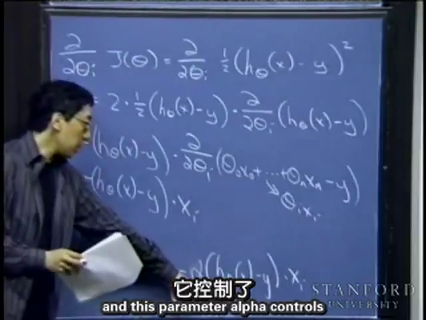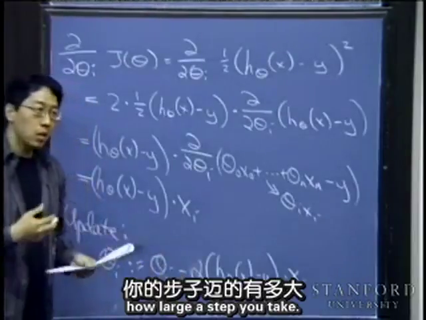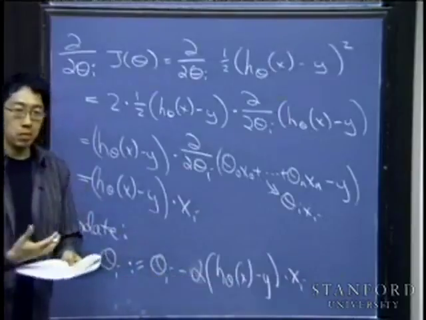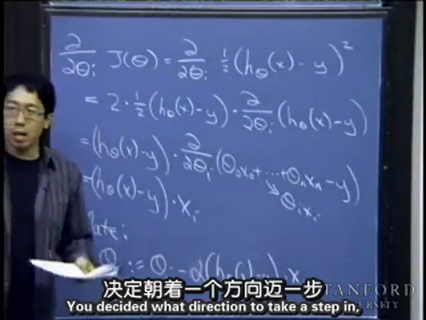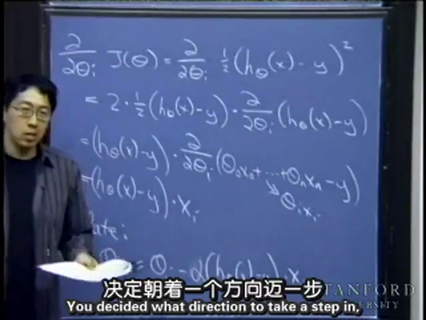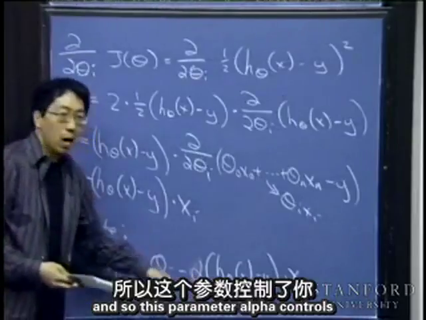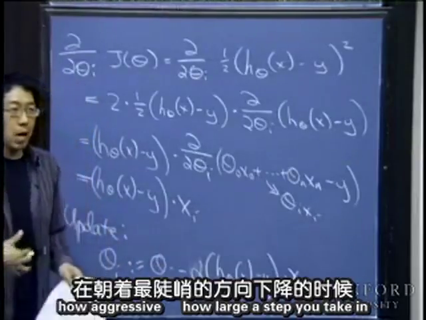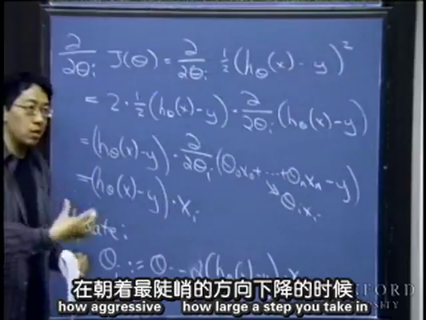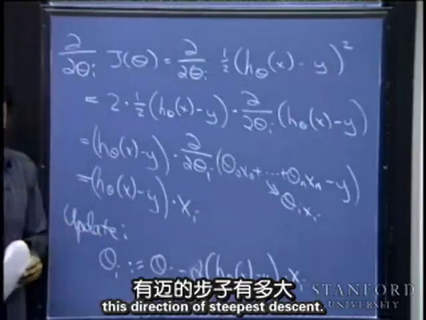This parameter alpha controls how large a step you take. So if you're standing on the hill, you've decided what direction to take a step in, and this parameter alpha controls how aggressively, how large a step you take in this direction of steepest descent.